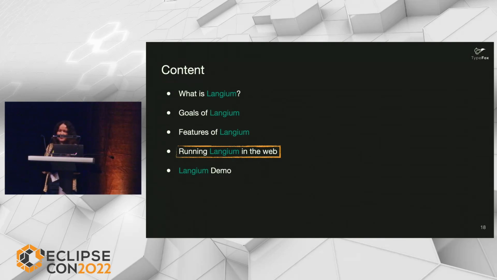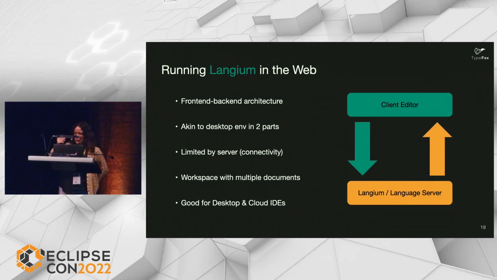The next thing that we need to discuss is running Langium in the web. This talk is about something about the web, and we have to discuss this topic too. Langium provides two architectures to use it in the web. One of them is a front-end, back-end architecture.